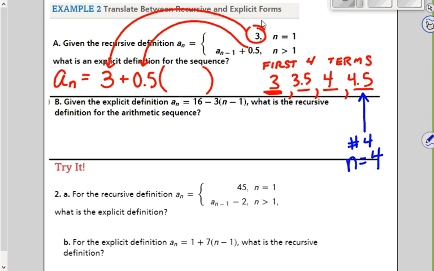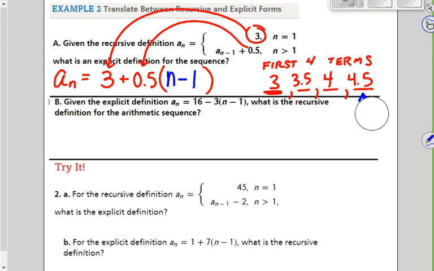If I wanted to get to term number 7, I would need to add the common difference 6 times. So basically, if I want to get to term number n, I would add this difference n minus 1 times. That's what times means. How many times are we adding it? 0.5 times n minus 1.